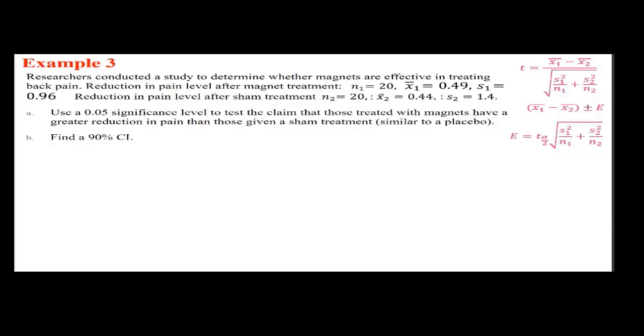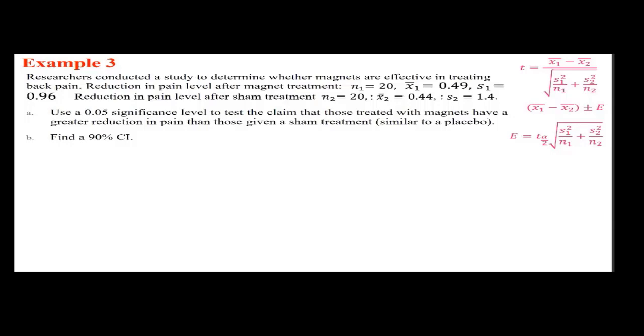We've done this stuff, so I want to go through this fairly fast. The information is given symbolically, so we don't have to worry about that. Writing it out is not necessary because it's given in that form. Now, we have three possibilities. Use the Z or T with equal variances.